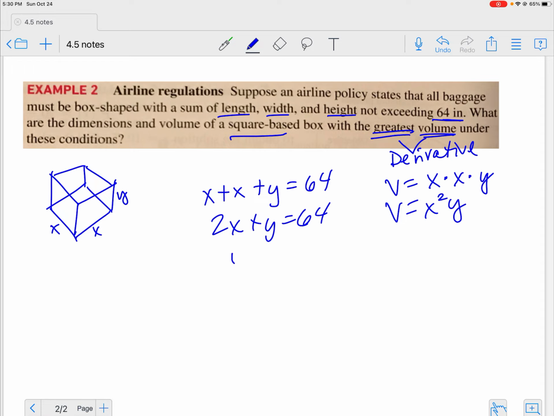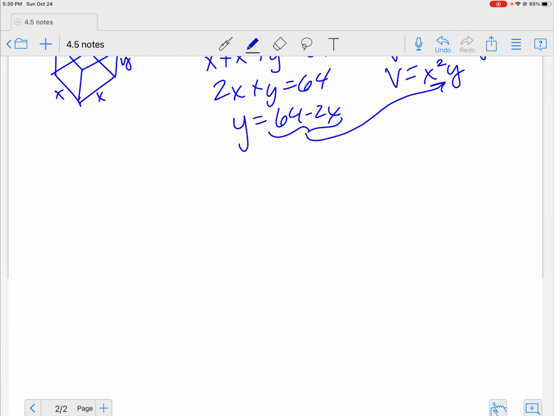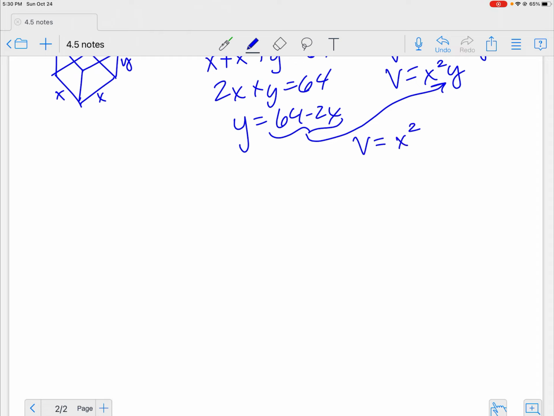Good thing I've got this other equation over here. So I can take 64 minus 2x and plug that in for my y and then work it. All right, cool, right? Let's scoot this up a little bit because now it's go time. So volume is equal to x squared times 64 minus 2x.